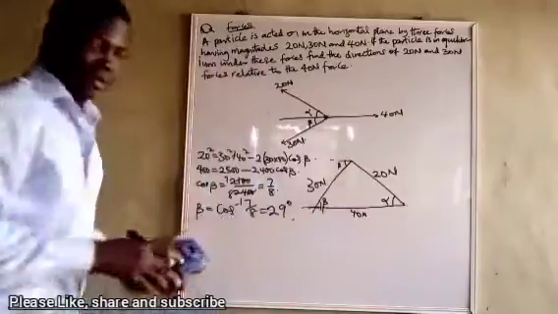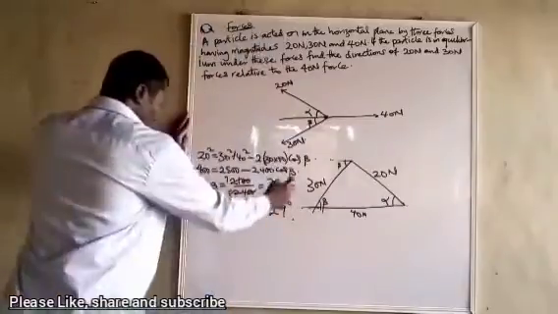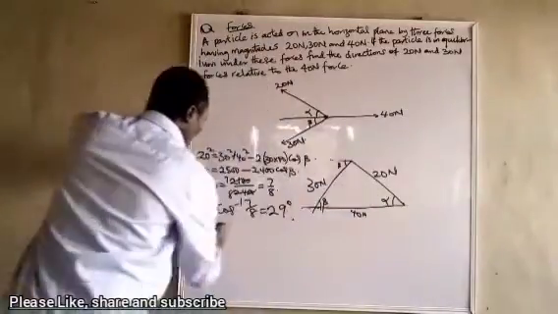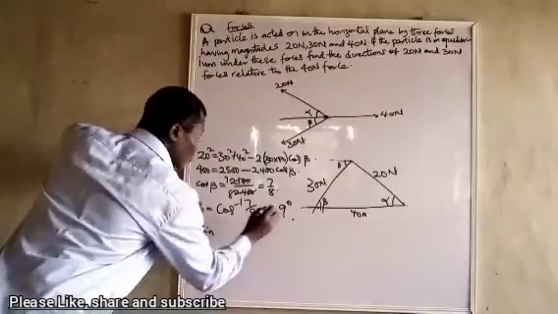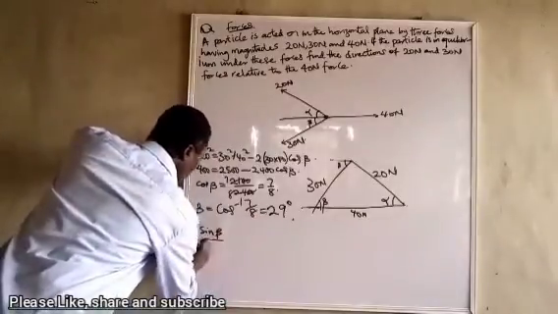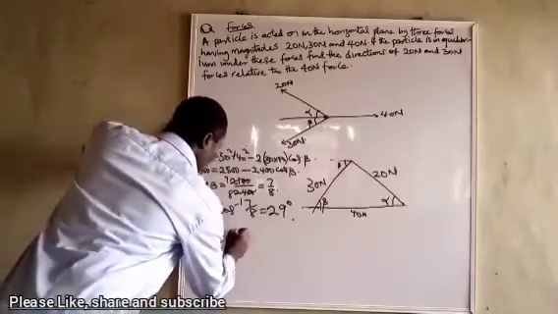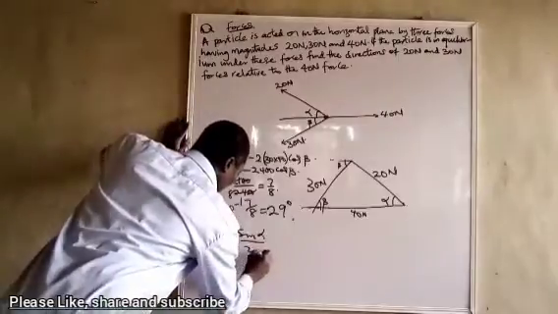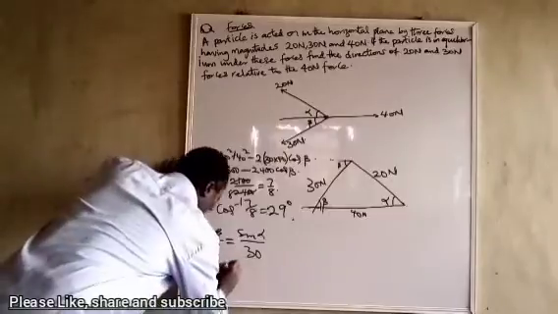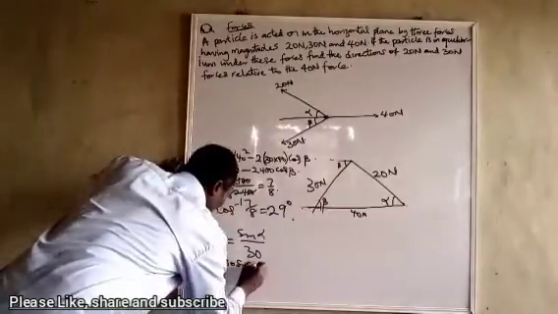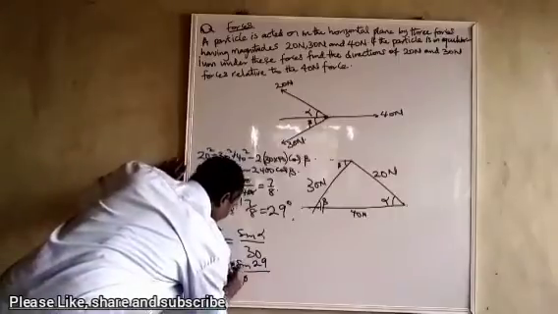That's the direction of the 30 Newton force relative to 40. So for this other one, the direction of the 20 Newton, I can now say sine beta over 20 Newton, sorry, sine beta over 20 is equal to sine alpha over 30. And I'm trying to find alpha. So sine alpha is equal to 30 sine 29 over 20.